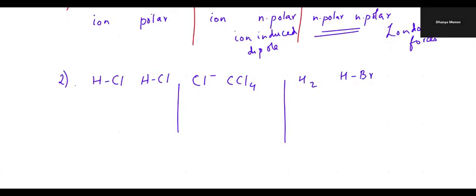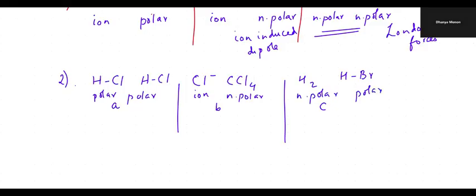Okay, so over here, let's take this as A, this as B, and this as C. First one is between a polar and a polar. Second one is between an ion and CCl4. We learned in the dipole moment lesson that this is non-polar. Third one is between a non-polar and a polar molecule.